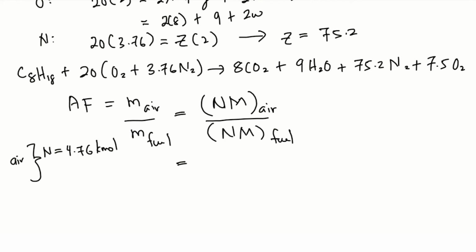This one you can refer to the psychrometric chart. And M for air is 29 kilogram per kilomole.